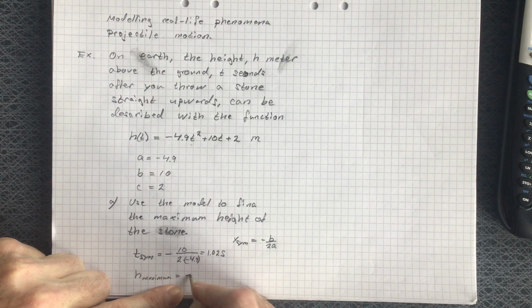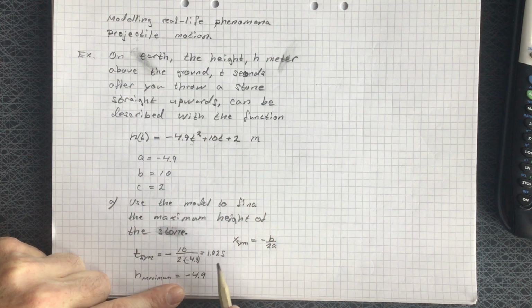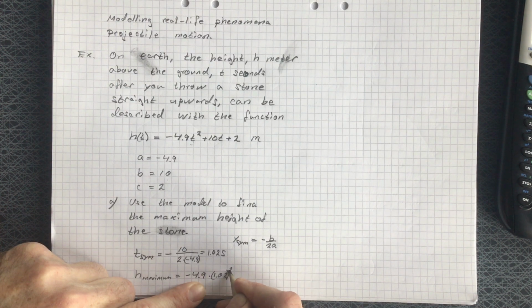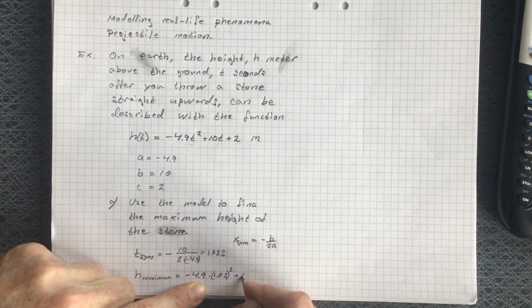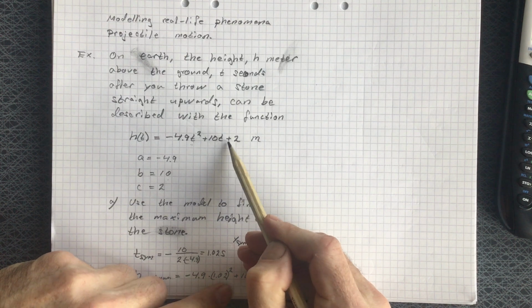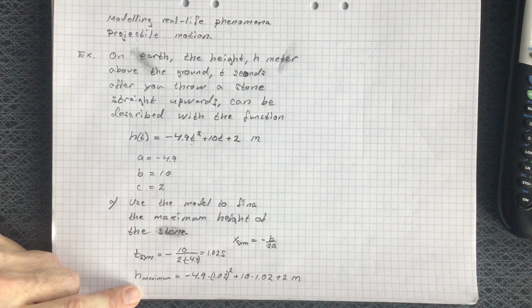So, minus 4.9, that is this value. And instead of t, I take the symmetry line's value, 1.02, and I square it, because I do in my formula, plus 10 times 1.02. That is this, 10 times 1.02, plus 2. And that will give us the height in meter and the maximum height.